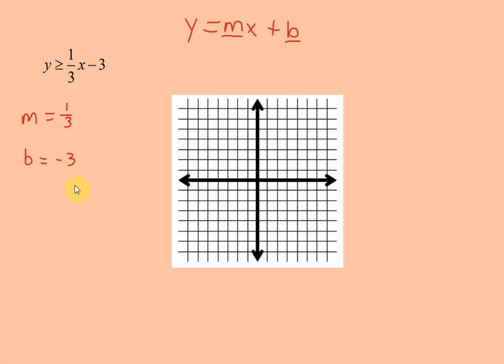To graph the line, we begin with our b at -3. Again, this is our y-intercept. Let me go ahead and write that this is the slope.